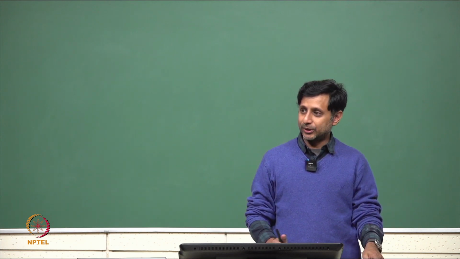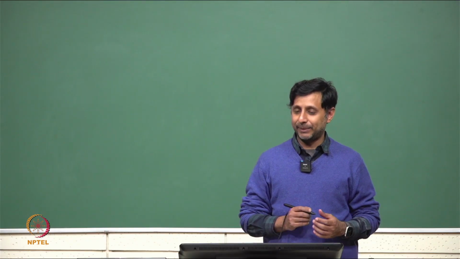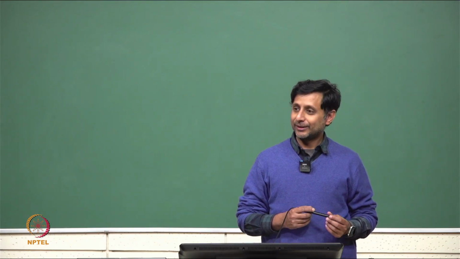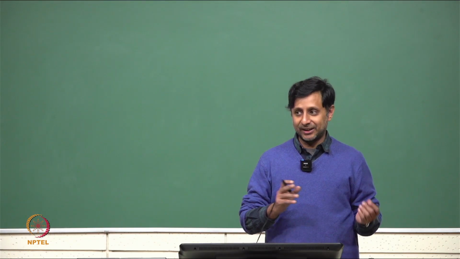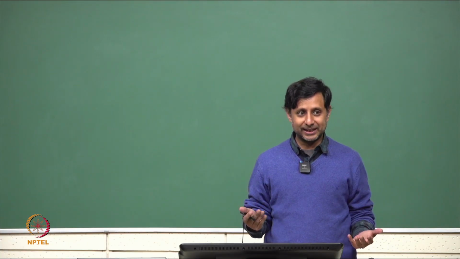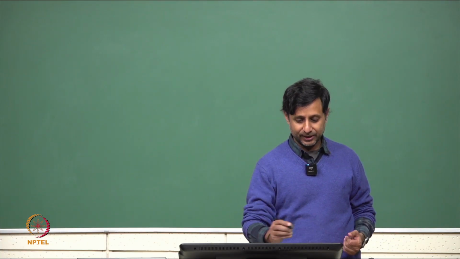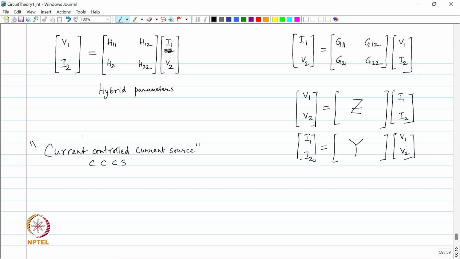Okay. So, which should be dependent, which should be independent? I1 is current controlled, so I1 has to be independent, I2 has to be dependent. All right. That is how you remember which is H.